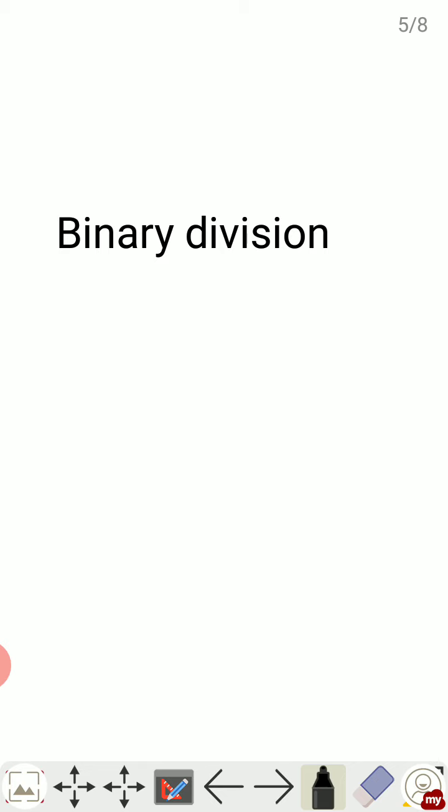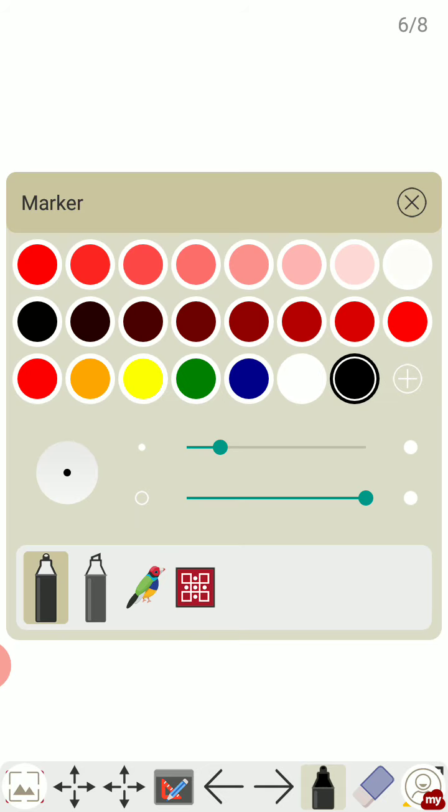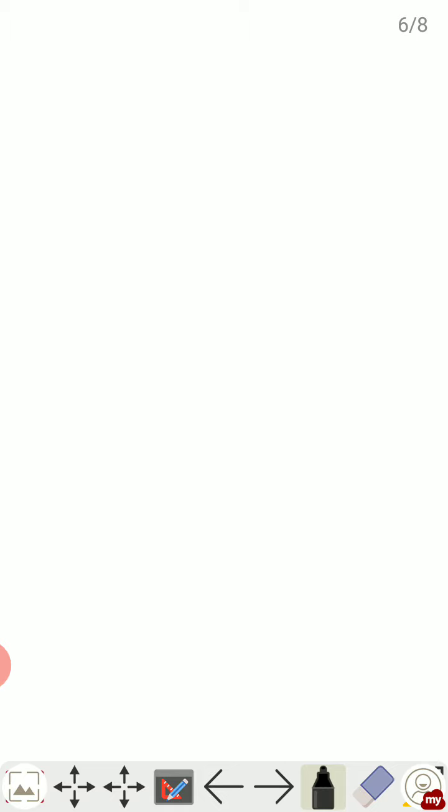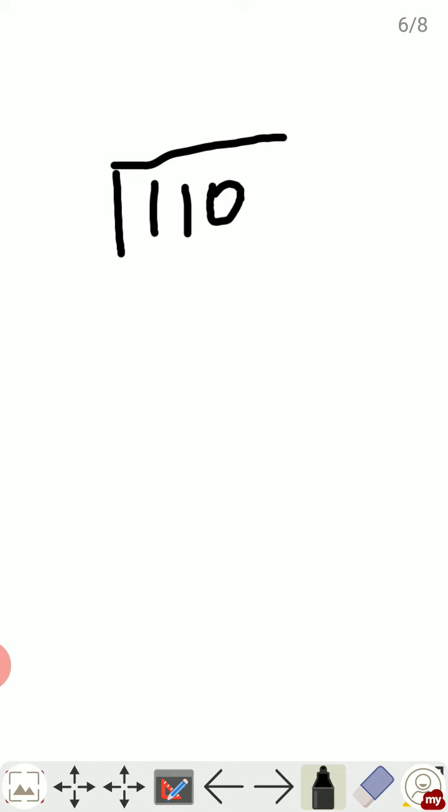Next we will do binary division, how to divide. So let's take a number. Suppose we divide 110 by 10. So 10 will go 1 time.